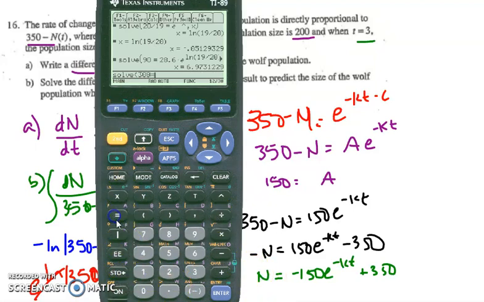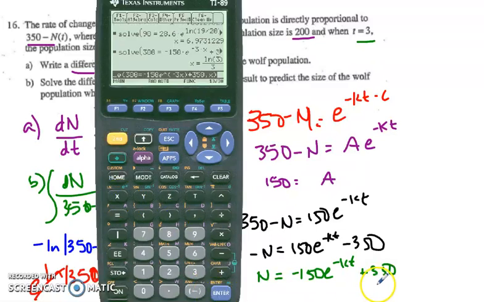That's going to equal negative 150 e to the negative k times 3, so e to the negative 3x plus 350, and I'll use x for k so I don't have to use the alpha key. Then solve it for x, so comma x, parentheses, enter. And I find out that my k value is ln of 3 over 3.